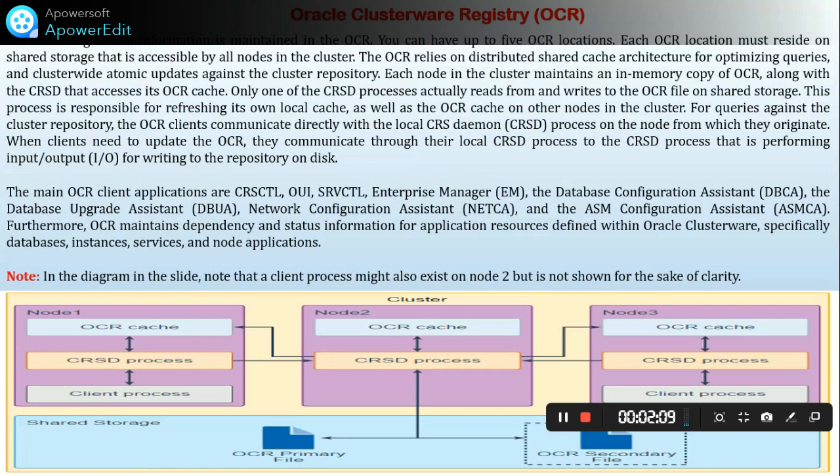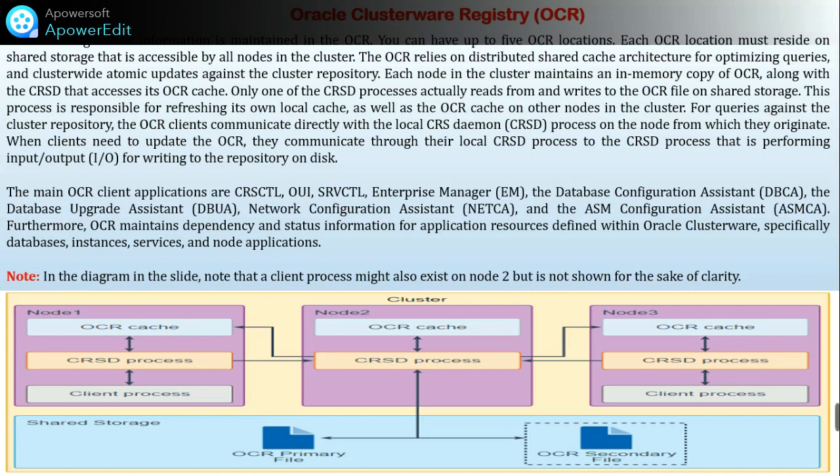Oracle Cluster Registry, OCR. The cluster configuration information is maintained in the OCR. You can have up to 5 OCR locations. Each OCR location must reside on shared storage that is accessible by all nodes in the cluster. The OCR relies on a distributed shared cache architecture for optimizing queries and Clusterware atomic updates against the cluster repository.